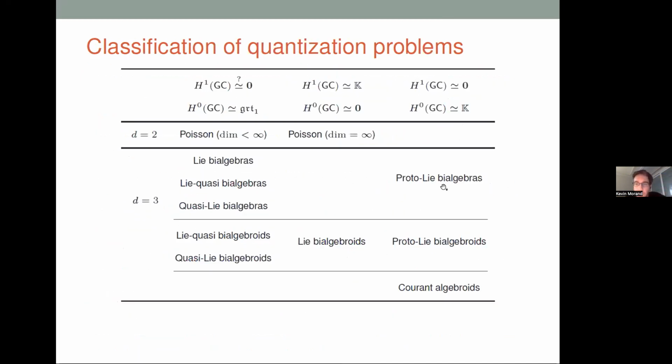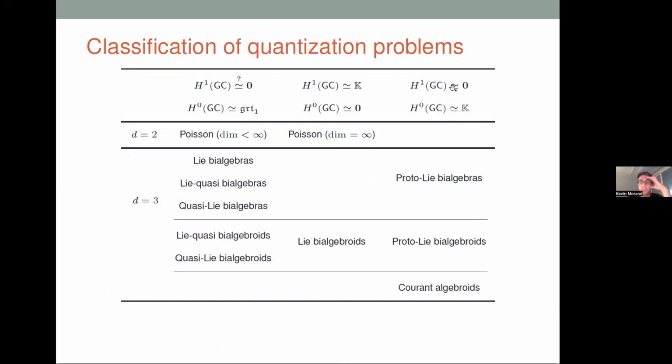Right, so this is here. There is another category which I didn't mention, which is a bit peculiar, a bit of a middle way between the other ones, in which we find the Courant algebroids and also the proto-Lie bialgebroids, which are kind of Courant algebroids in a particular sense. So in this case, there is no obstruction to quantization. This is not a conjecture.